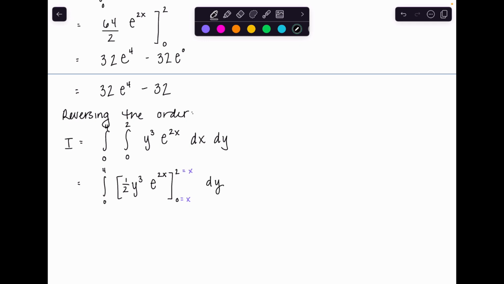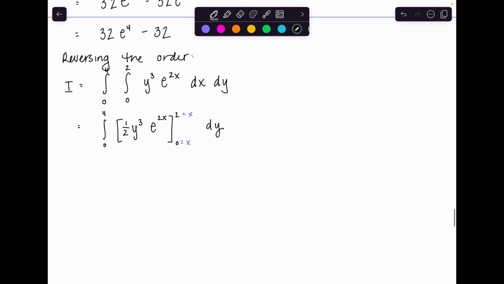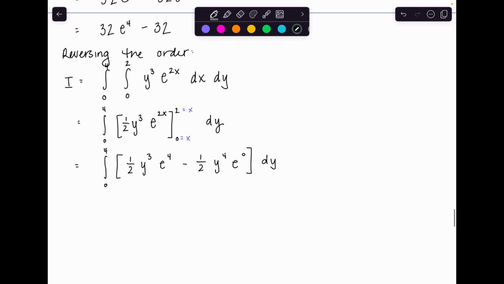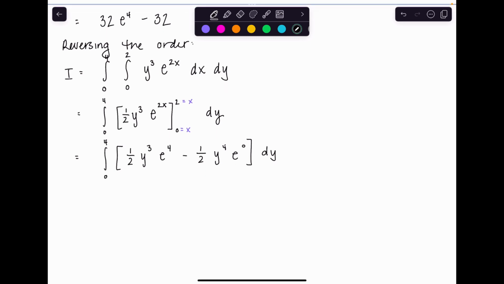Then I'll go ahead and integrate with respect to y. So plugging in the upper bound, this gives us 1/2 y cubed e to the 4th minus 1/2 y cubed e to the 0. Okay. And then I'm going to go ahead and factor out stuff that's common to both of these because I'm going to need to take the antiderivative of this, and I sure don't want to take the antiderivative of each of these separately.